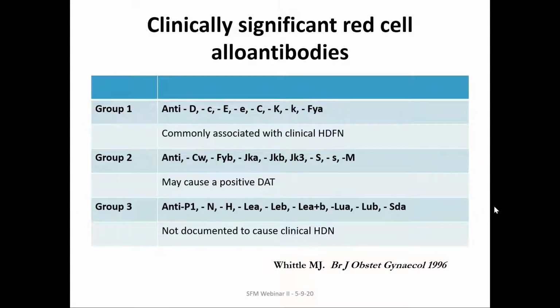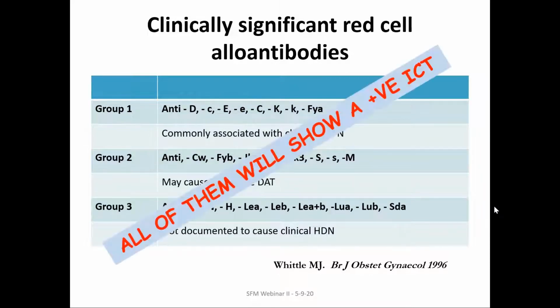So that's how these antibodies have been grouped, and all of them are red cell antibodies. And remember, all of them, if present in the mother's blood, would show a positive ICT. So it's not always the anti-D antibody that we're dealing with.